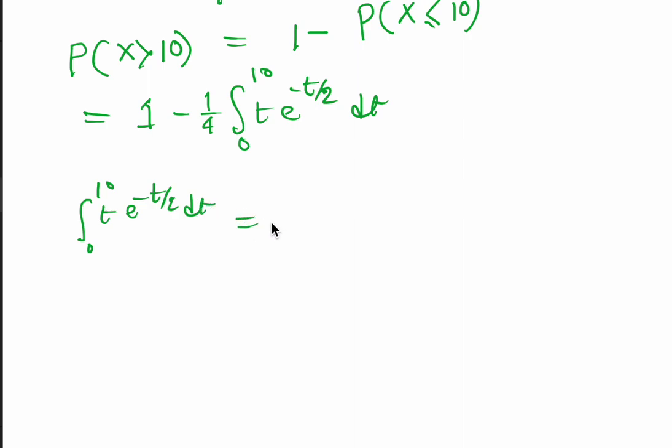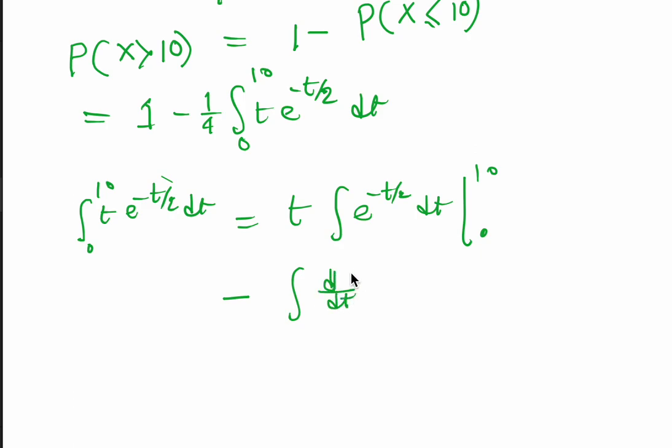We'll integrate by parts. So let me write it properly. First t times the integration of e to the power minus t by 2 dt, with limits 0 to 10, minus the integral of the derivative of t times the integral of e to the power minus t by 2, again from 0 to 10.